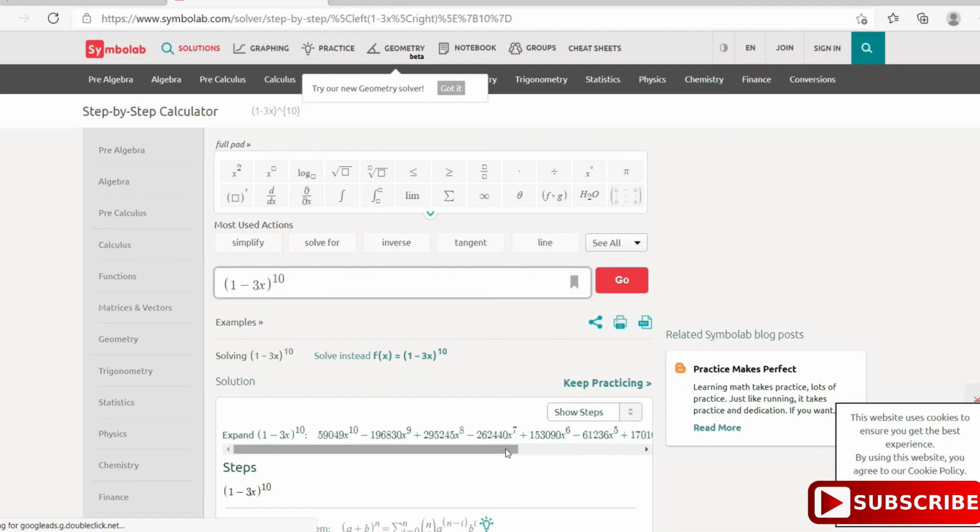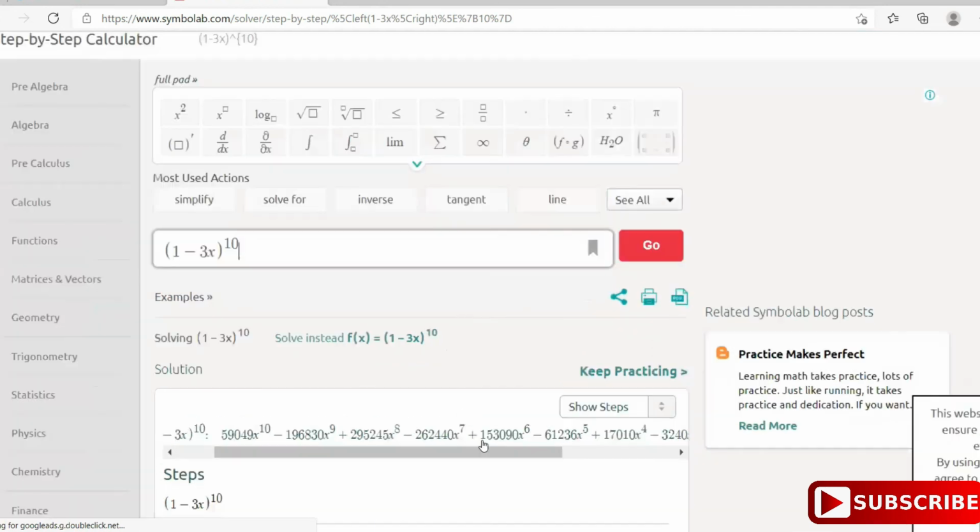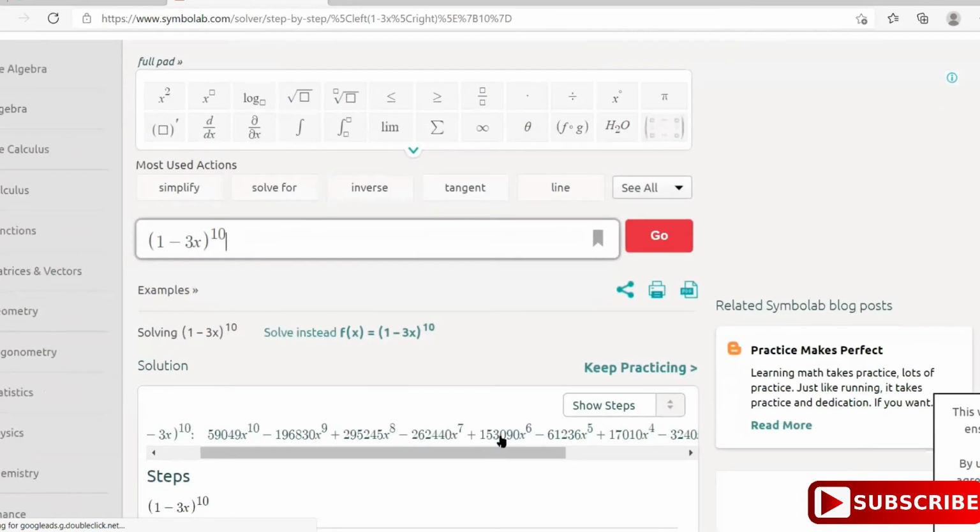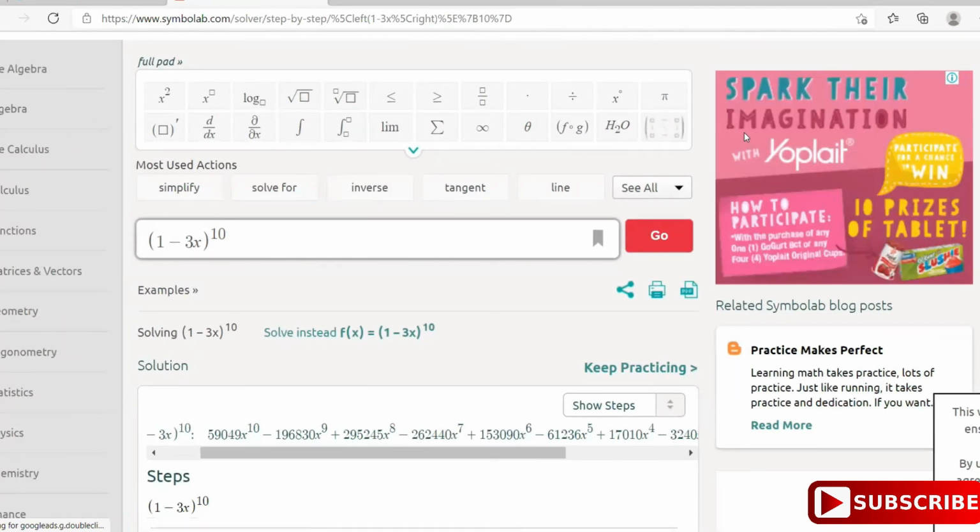Here it is. Coefficient of the x to the 6th term, 153,090. Did we get 153,090?